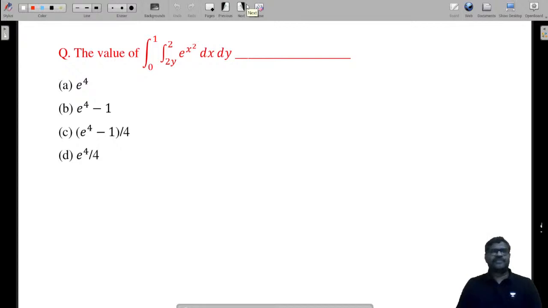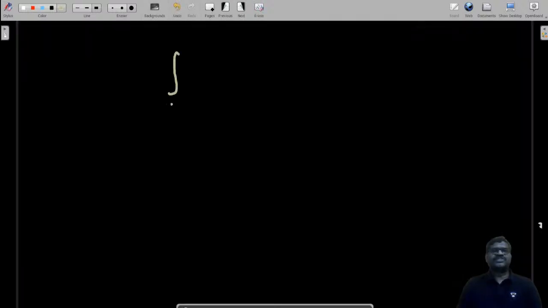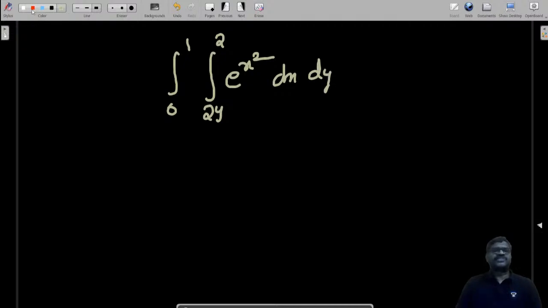Integral 0 to 1, 2y to 2, e power x square dx dy. We have to integrate first with respect to x.